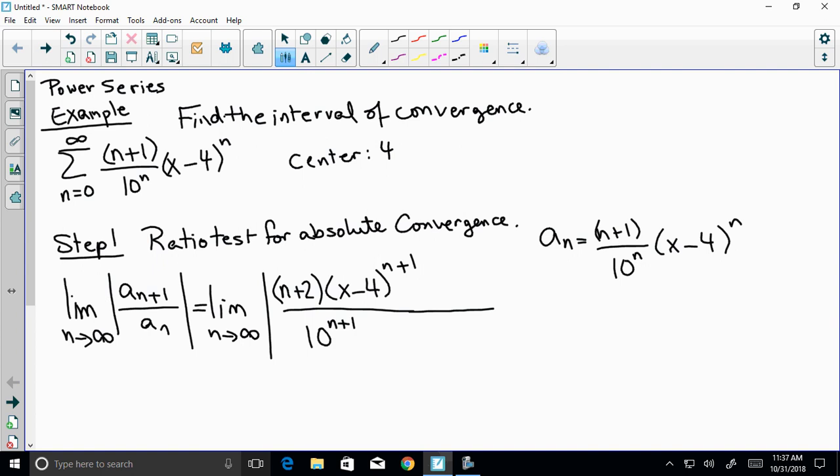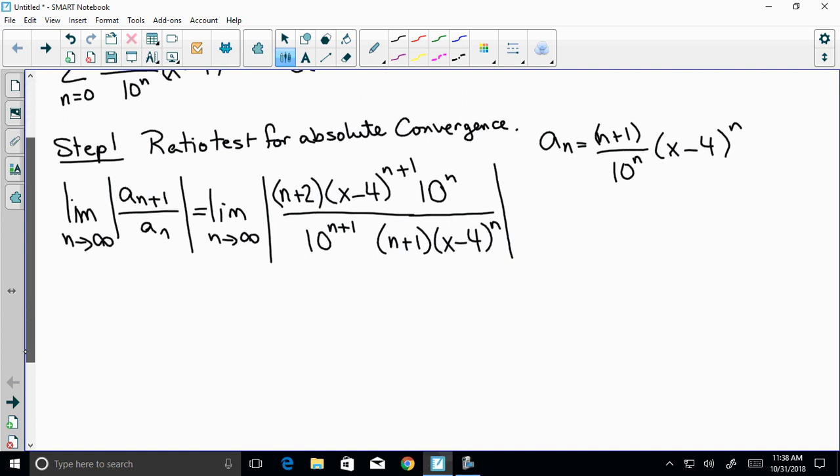Now, we're dividing it by a_n, which means I can just multiply by this a_n, but I just have to flip it. So the 10 to the n comes in the numerator. Then the n plus 1, x minus 4 to the power n goes in the denominator.